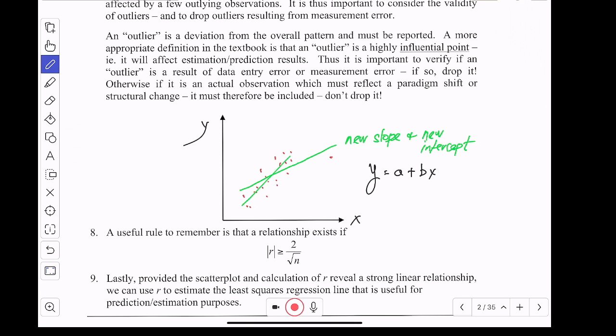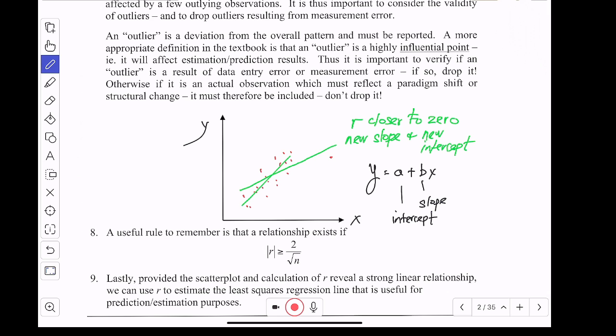Right, so this is the slope, and this is the y-intercept. And both of those are going to change to include that point. The other thing that's going to change is the r. The r is going to get destroyed. It's going to be closer to 0 than what it was before.